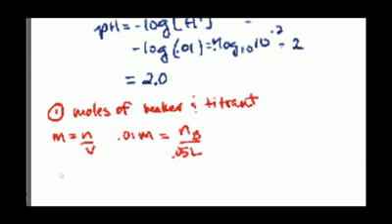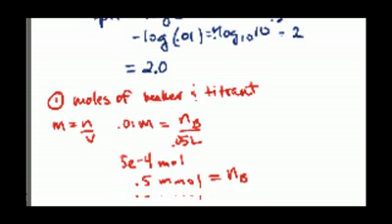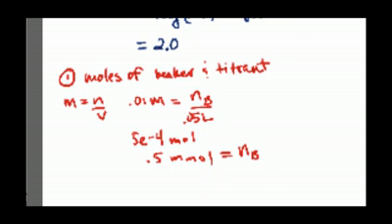If I multiply, I get 5e to the negative 4 moles, or 0.5 millimoles. Still no need for a calculator, we can do all that. It's 5 with 4 decimal places. Alright, so that was the beaker.